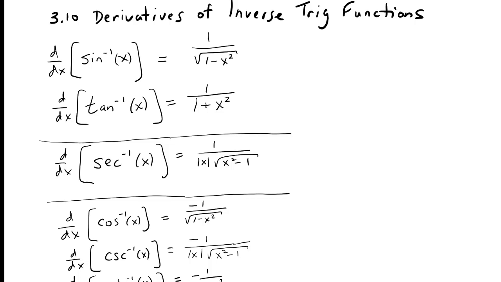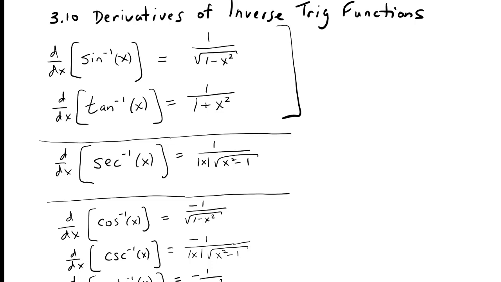So now let's take a look at the derivatives of the inverse trig functions. It happens to be that the two most important inverse trig functions that we use, especially in terms of finding their derivatives, are inverse sine and inverse tan. So here we have the derivatives of inverse sine and inverse tan.